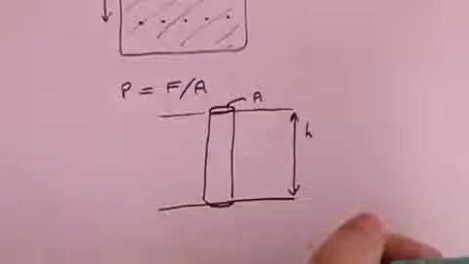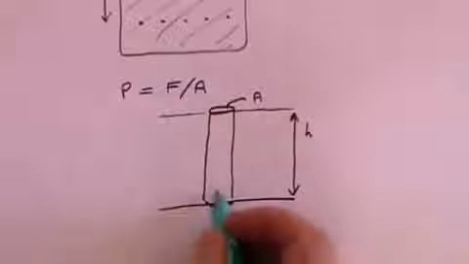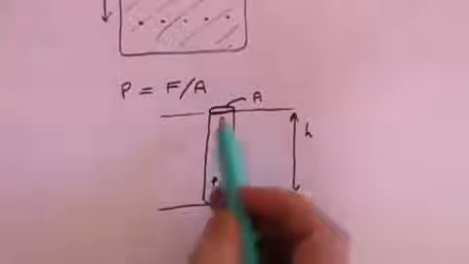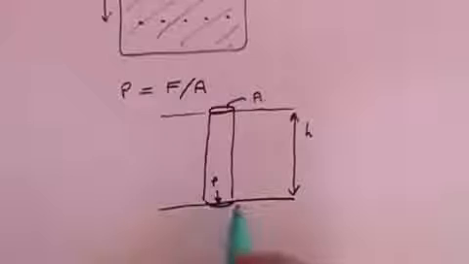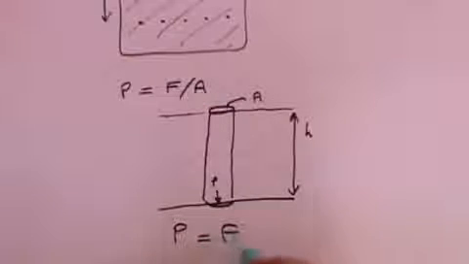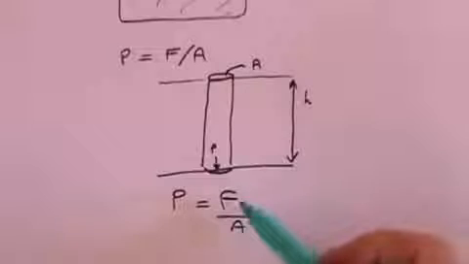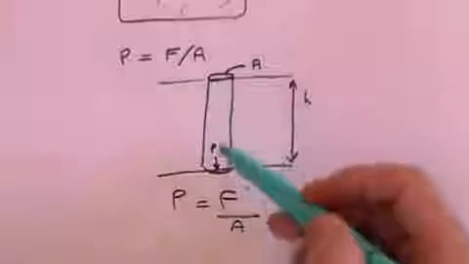And we can say that the pressure, which is a result of all the air bearing down on the surface of the Earth, the pressure at, as it were, the surface of the Earth is equal to the force divided by the area. The force is the weight of air.